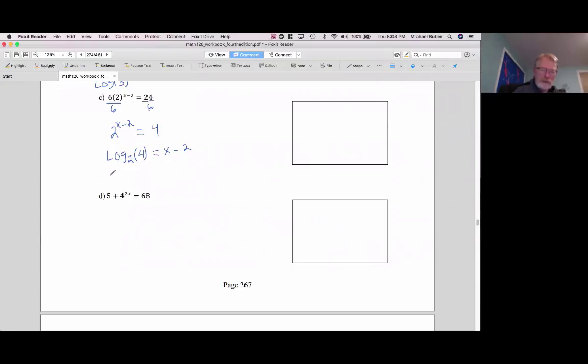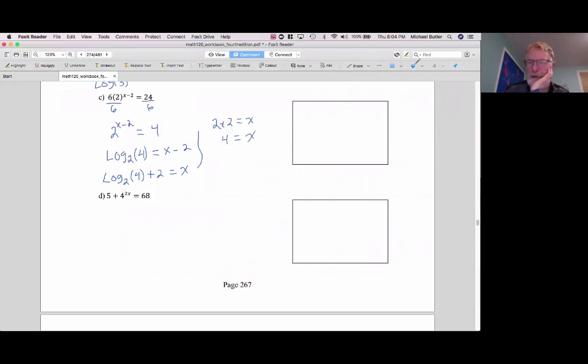So I'm going to add 2 to both sides. So the exponent on a 2 that gets me 4, plus 2, is equal to x. Now you can use the calculator on this one, or you can think about it. What's the exponent of 2 that gets me 4? 2. Yeah. So this is 2 plus 2 is equal to x, or 4 is equal to x.